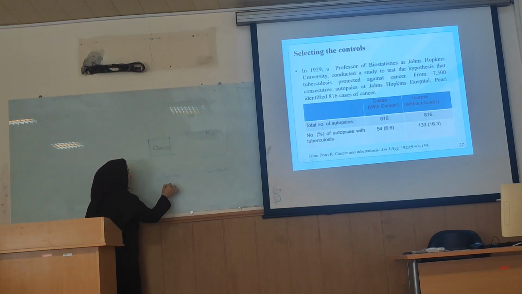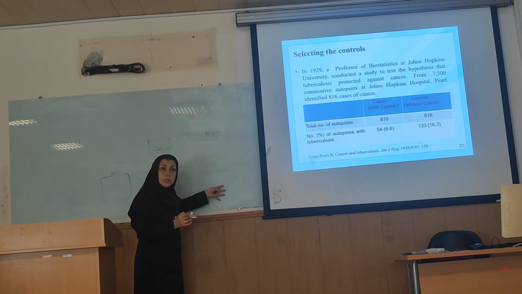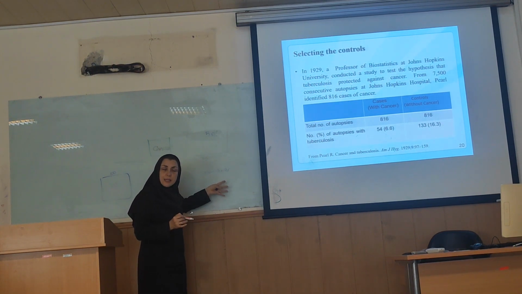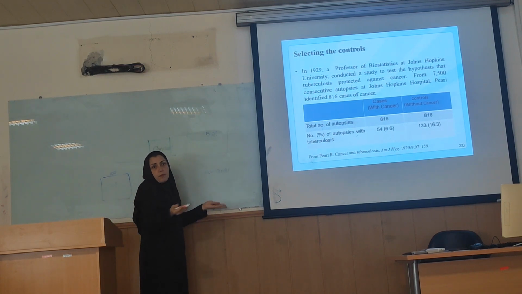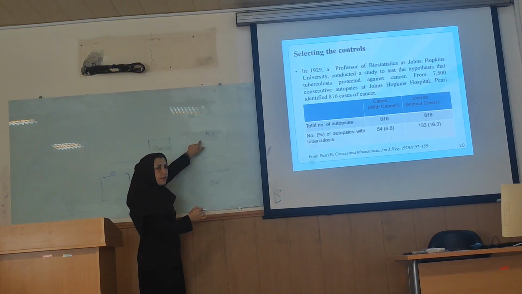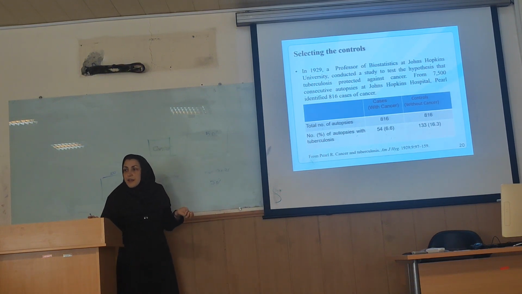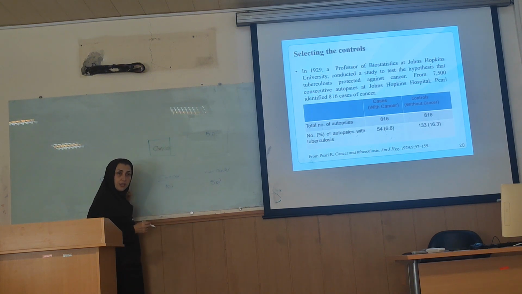But among non-cancer patients, mostly were infected by tuberculosis because the reason for hospitalization was tuberculosis. So 50% of non-cancer patients were infected, based on this type of control that was not representative of the total population in the community, given the characteristic of the hospital.